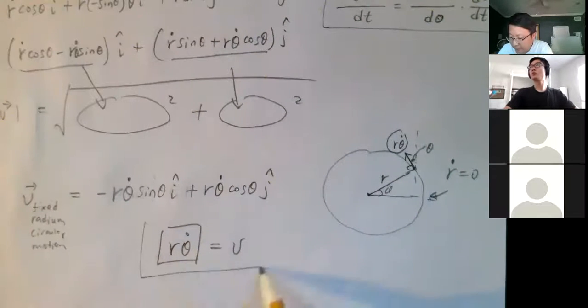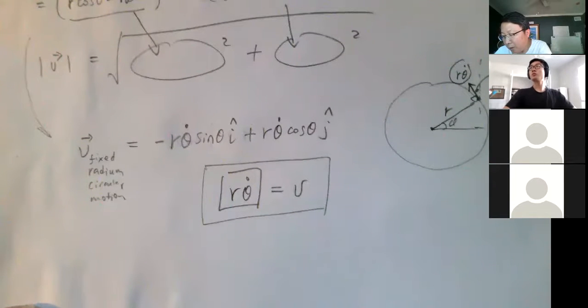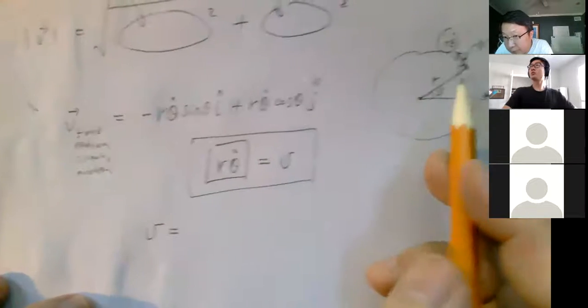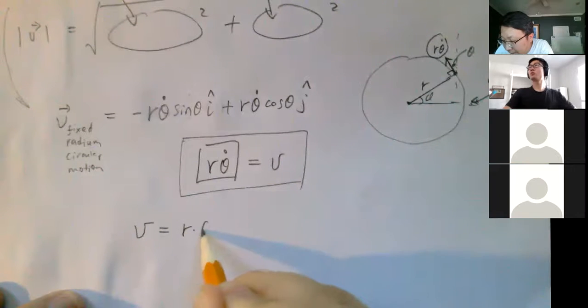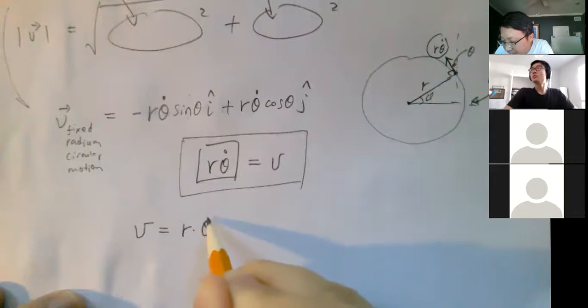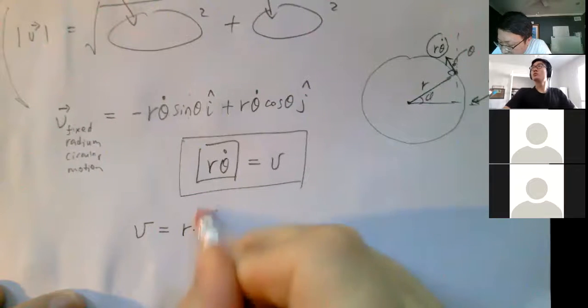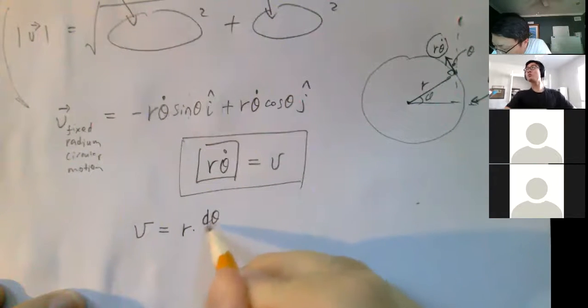So this is the very important formula for circular motion. Basically, linear speed in a fixed circular motion is radius times d theta dt.